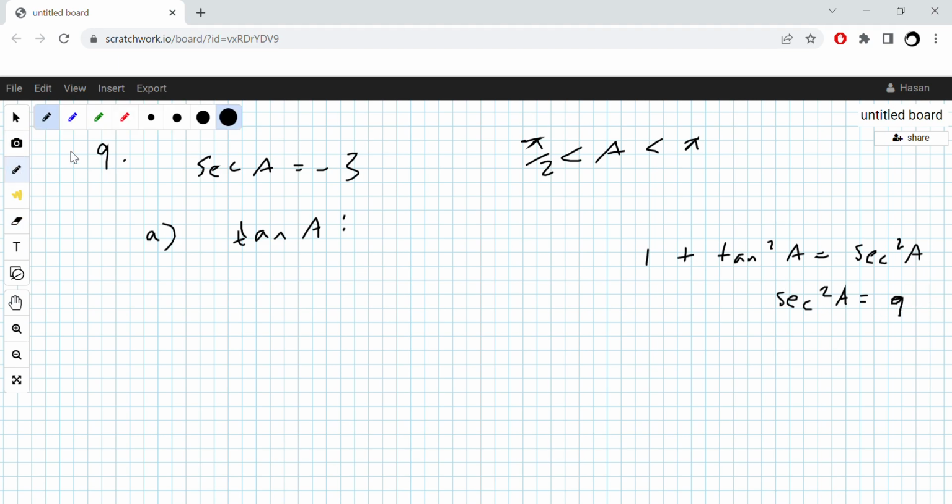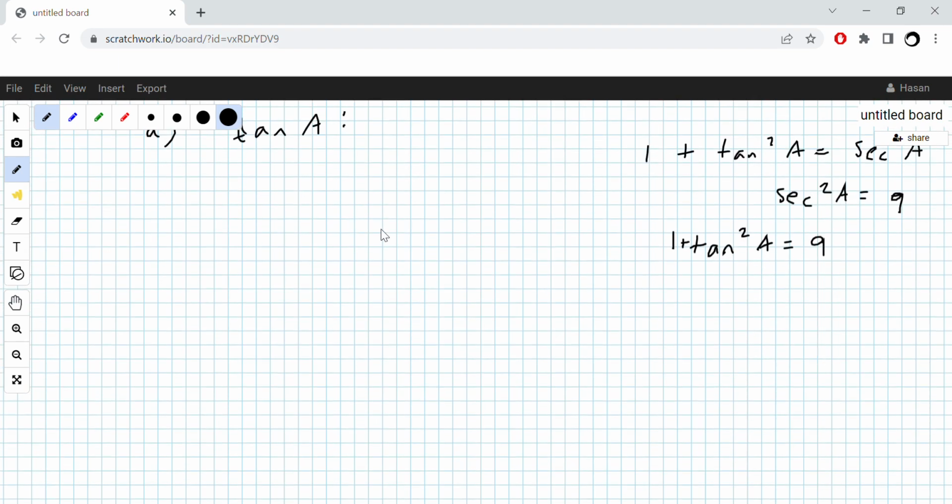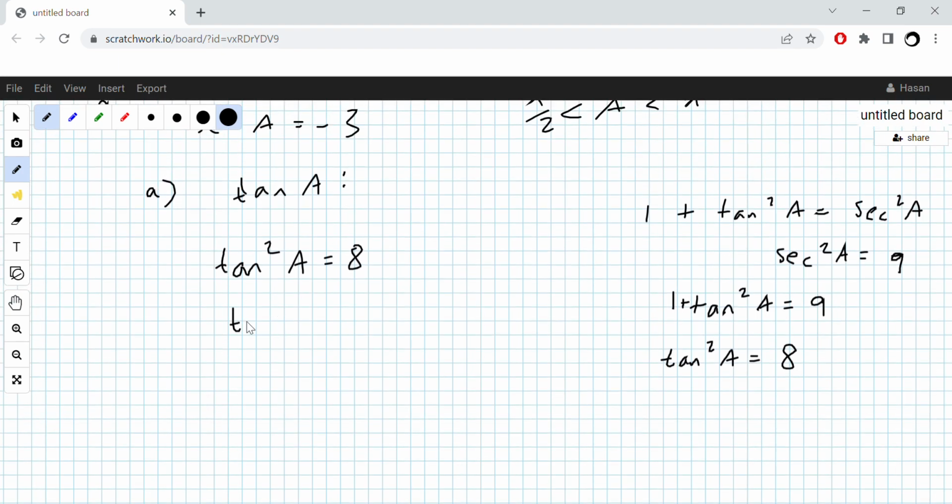So therefore 1 plus tan squared A equals 9, and tan squared A equals 9 minus 1, which is 8. Bring this over here. We then have tan squared A equals 8, and tan A equals plus or minus root 8.